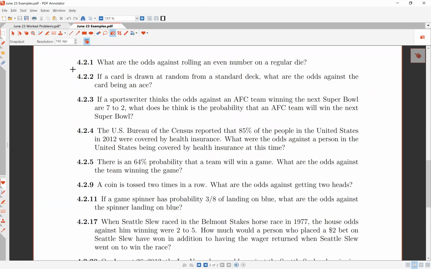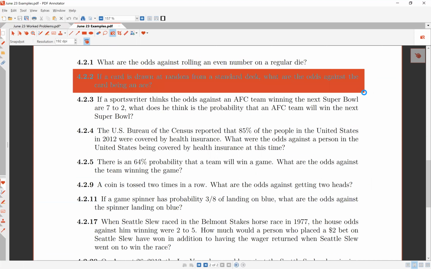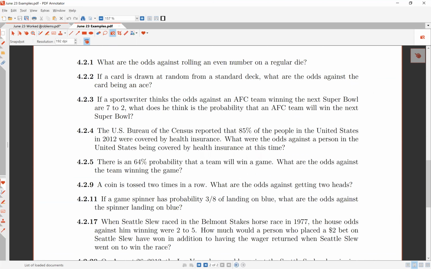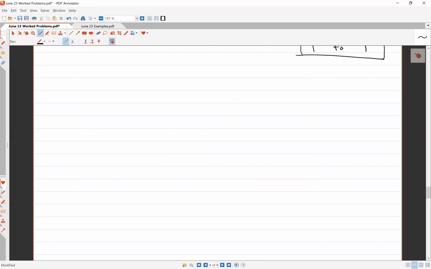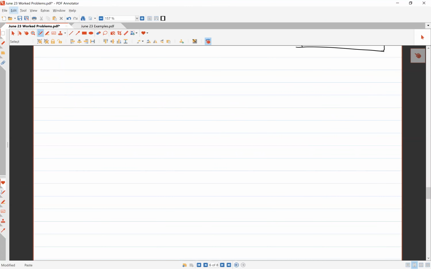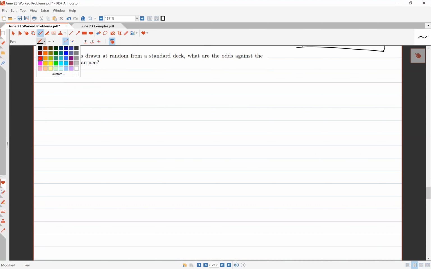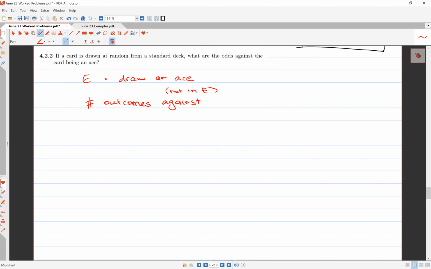Let's look at another example here. We're again dealing with a standard deck of cards, and we're drawing a card from the deck at random. What are the odds against the card being an ace? So our event here is that we draw an ace. And we want to calculate how many outcomes are not in E. Those are the outcomes against.